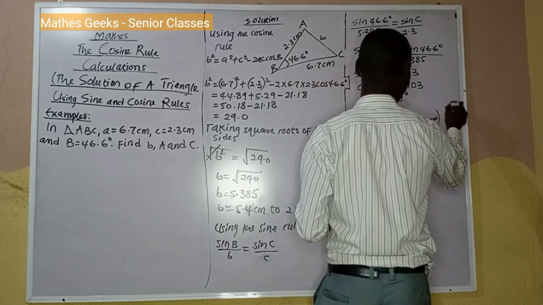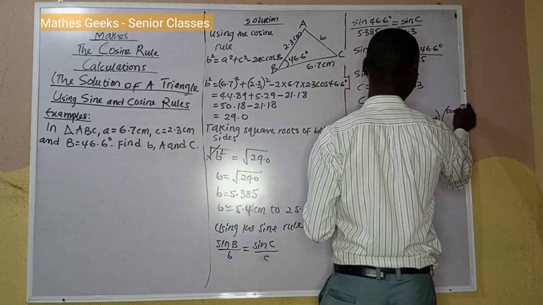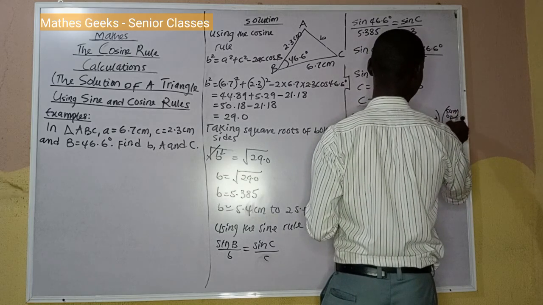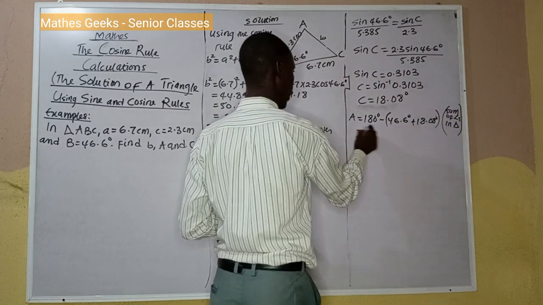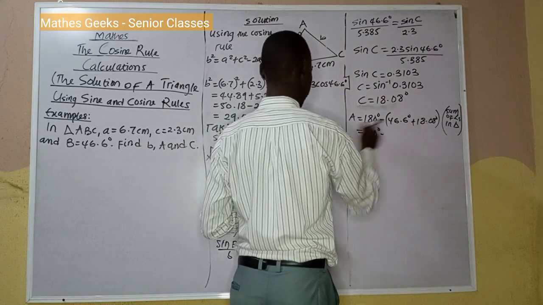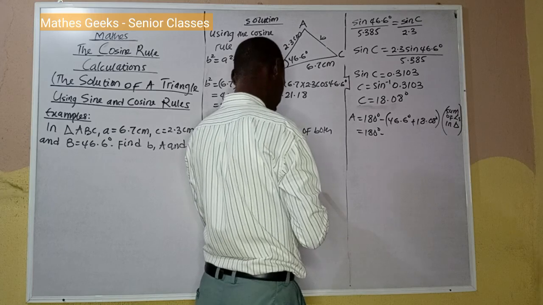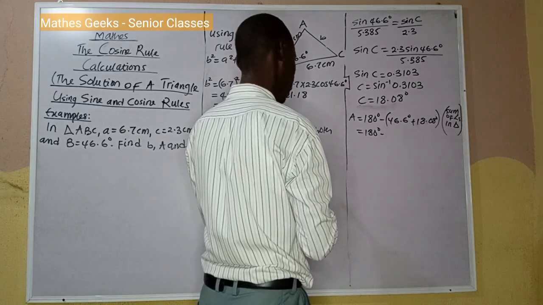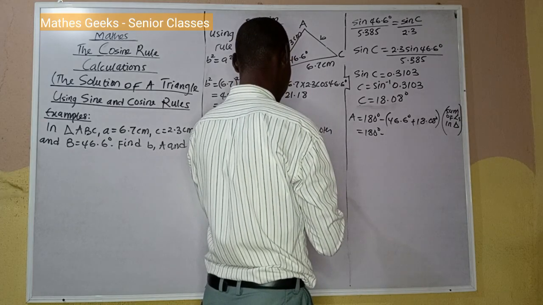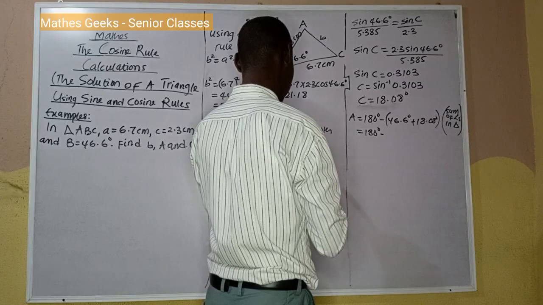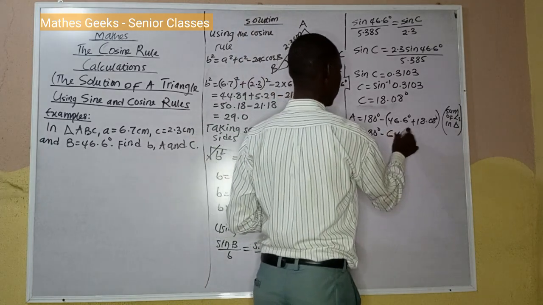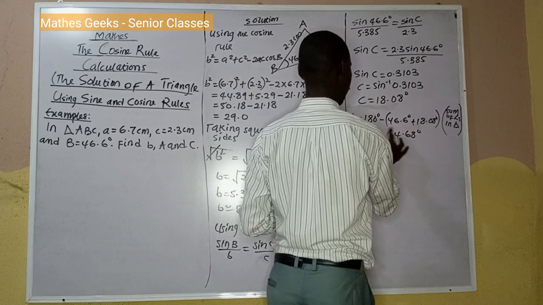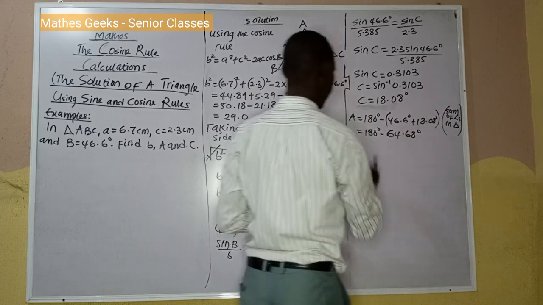What's the reason? The reason is sum of angles in a triangle. That's equal to 180 degrees minus 46.6 plus 18.08, 64.68. 64.68 degrees.